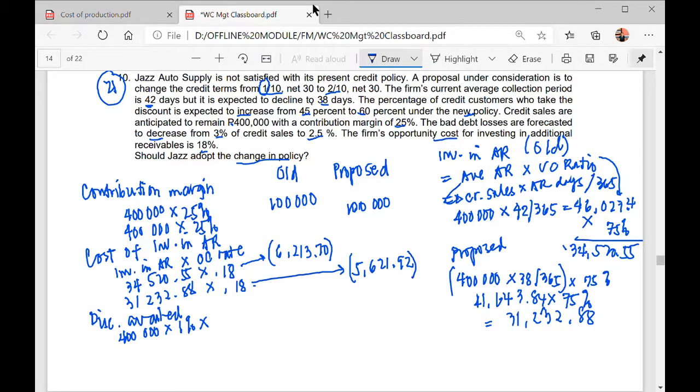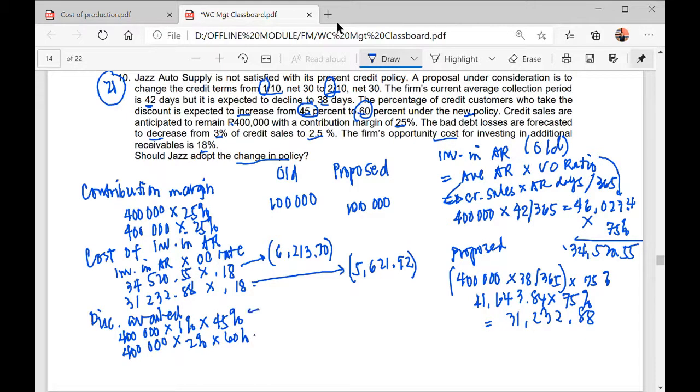Di ba? Ingon siya, percentage of credit customers who take the discount is expected to increase from 45. So, 45% ang sa una. Next, karon mahimo dong 60. So, karon sa bag-o nga policy, that's 400,000 times pila man tong rate karon, that's 2%. Times pila ka buka mo avail? 60.